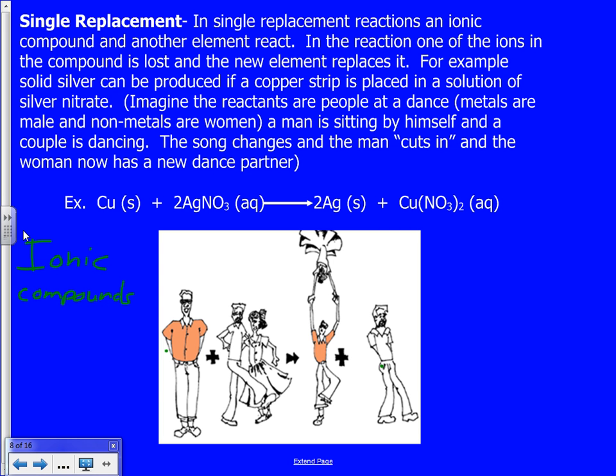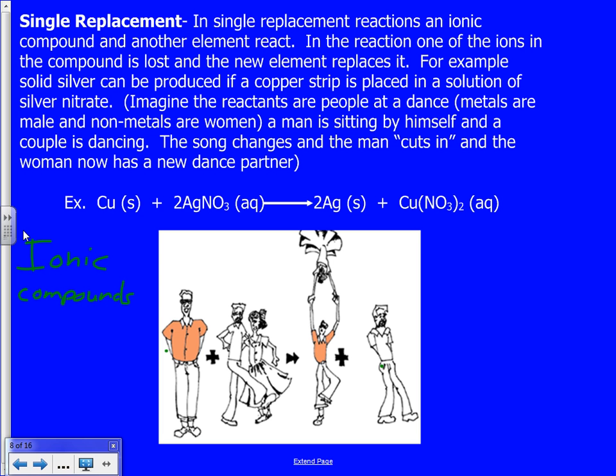All right? Now, what if instead of a metal and an ionic compound, we had a non-metal and an ionic compound? That would be like having a girl over here and a guy and a girl, which means that on this side we have to have a guy and a girl by herself. Or an ionic compound and a different non-metal by themselves. You always have to end up with an ionic compound.